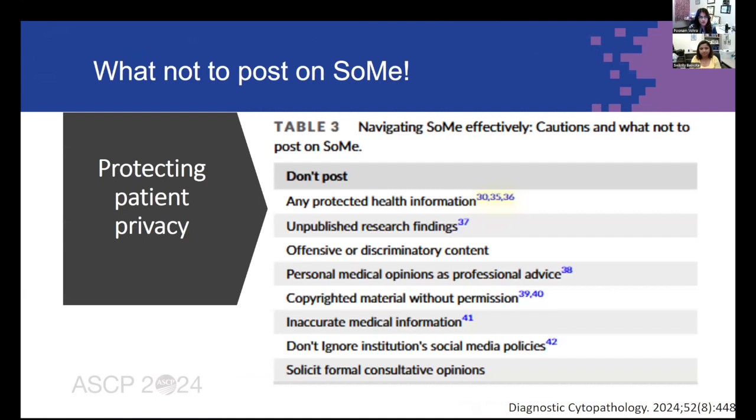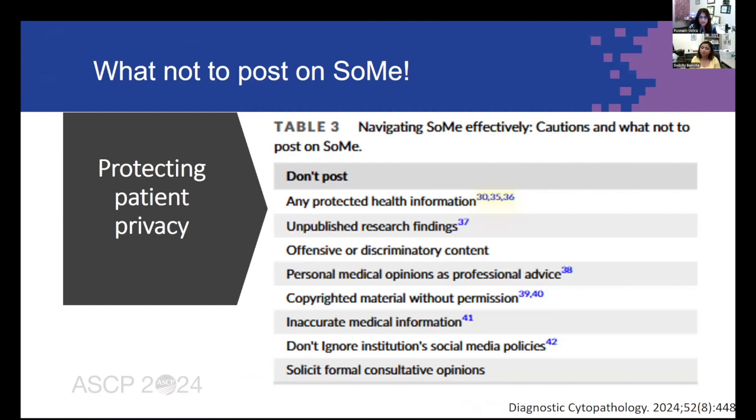What we should not post on social media, as I said, is any protected health information or any unpublished research findings. We should not use any offensive content, and also never give medical opinions as professional advice on social media. Very important to remember that.